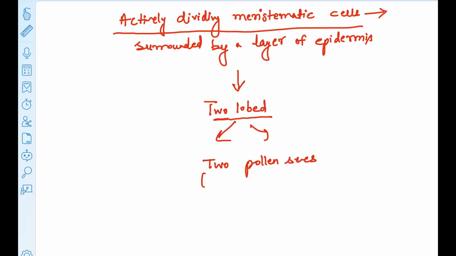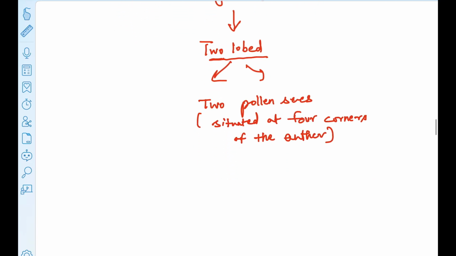Okay, and these pollen sacs are situated at the four corners of the anther. Okay, now when the anther is young, it is composed of some sporogenous tissues.